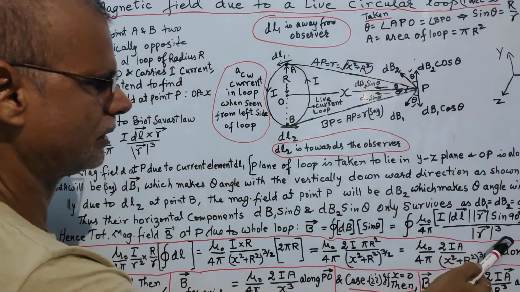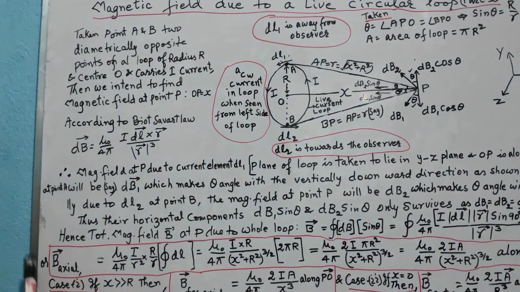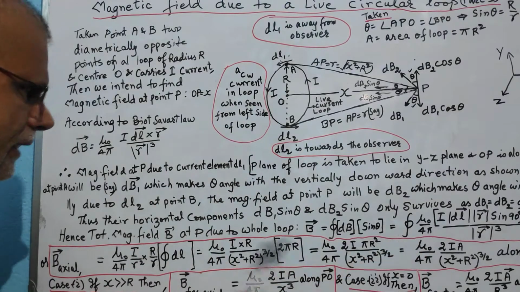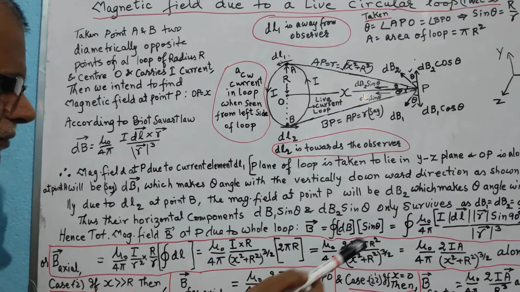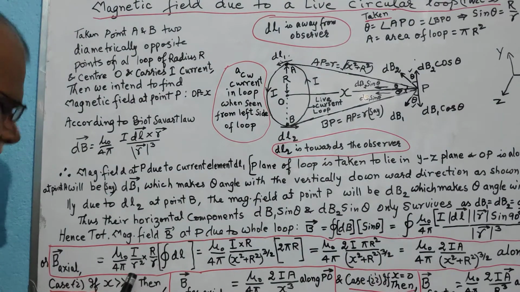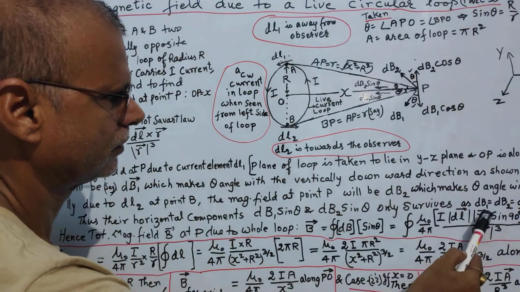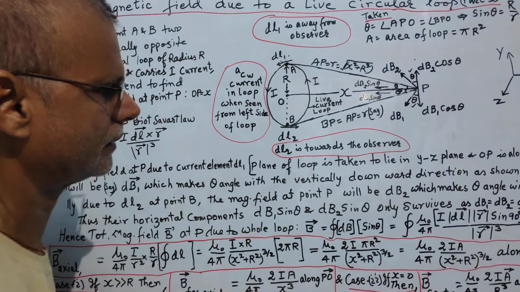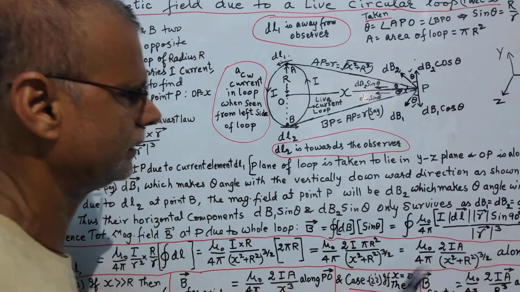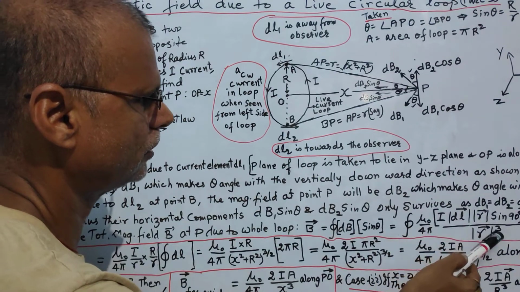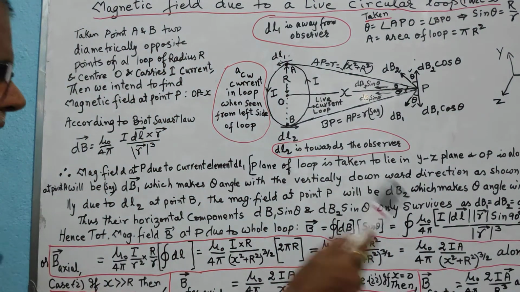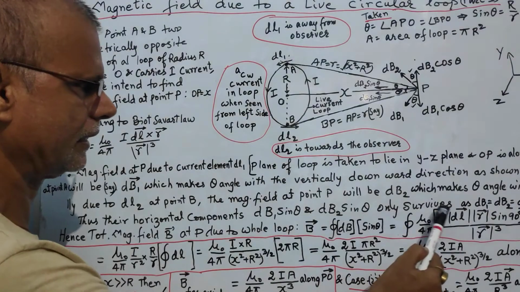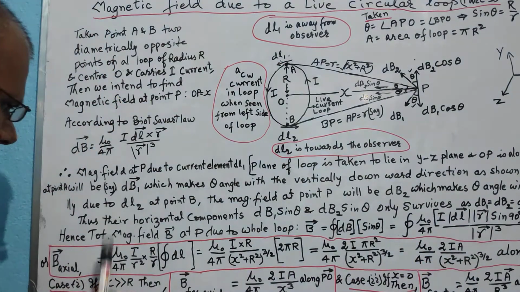Now once we have got this expression, we rewrite it. The magnetic field at an axial point due to a current loop will be mu 0 by 4 pi, which we take out of the integration because it is constant. I is constant, and here magnitude of r is there in the numerator and r cubed in the denominator, so only r square survives in the denominator, and we write I by r square.